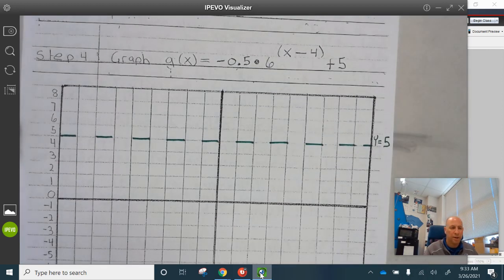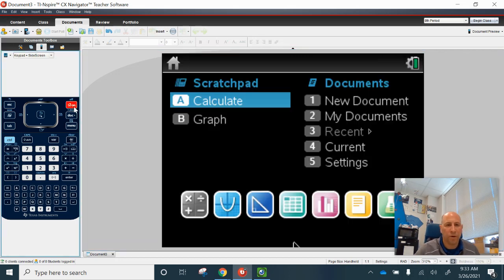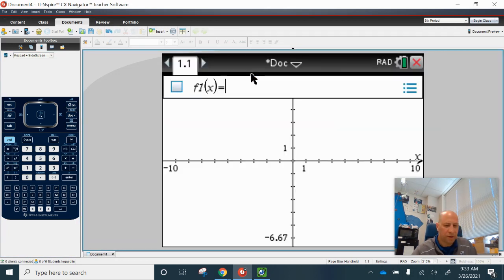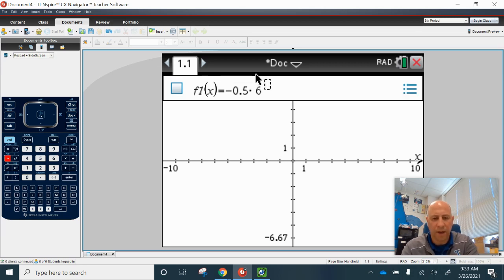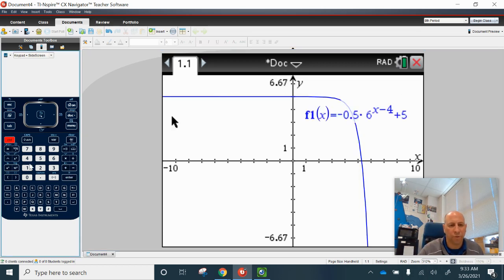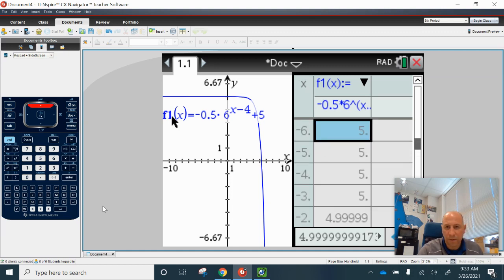Okay, now let's graph this on our calculator. So on new document, add graph. So negative 0.5 times 6 to the x minus 4 plus 5. Okay, so we're going to press Control T. We're going to look through the table.